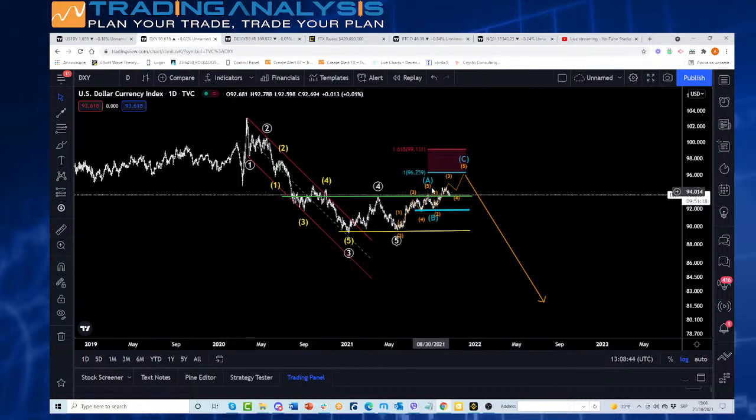Confirmation will definitely be if we climb up and break this 91, and especially if we break 89 in an impulsive pattern, which means that we might see a 5-wave pullback down and then a continuation to the downside.